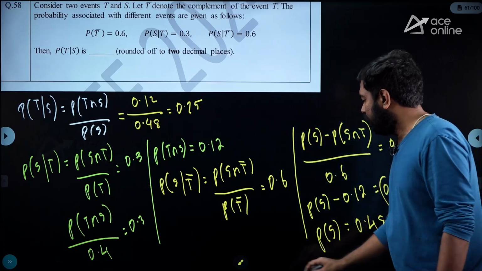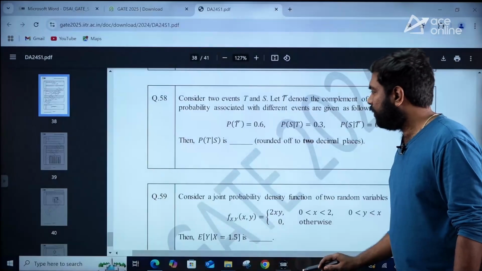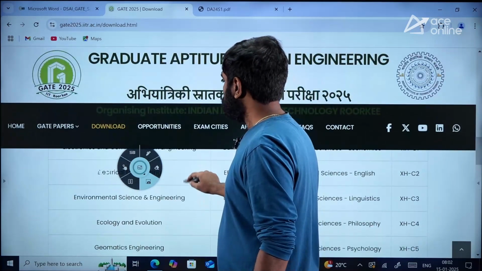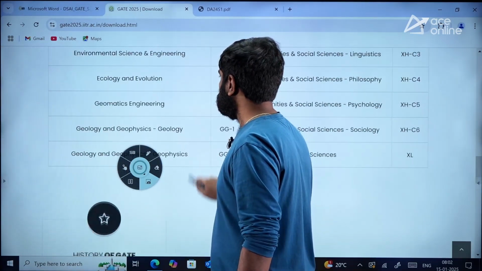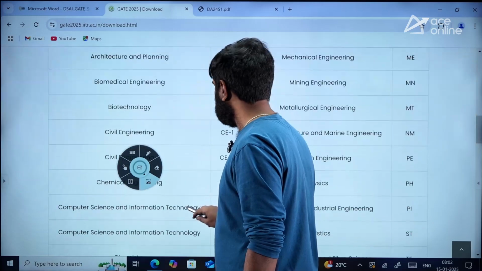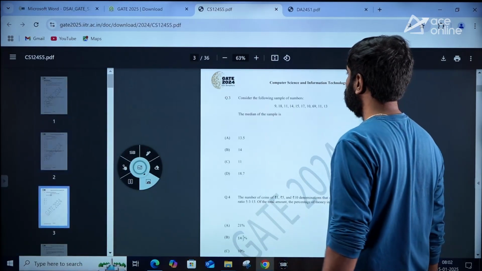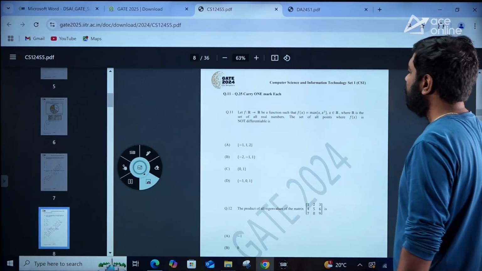Okay, so let me show you a few more questions. This is the Computer Science 2024 paper.